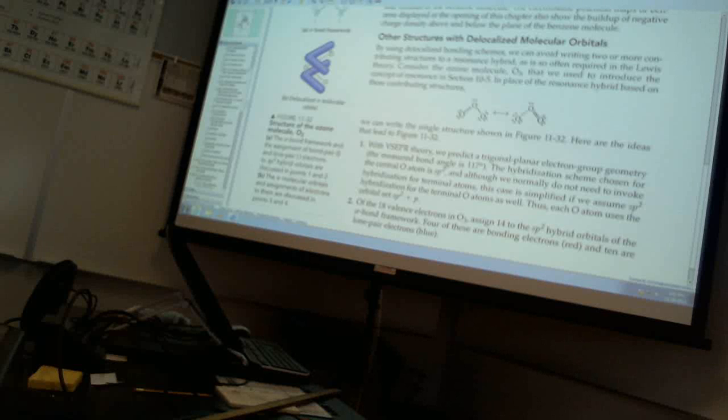Okay, this is sp2. It's oxygen, not carbon. The left oxygen is sp2. So we have an sp2 sigma bond, and then we're going to have a pp pi bond. The pp pi bond's localized here. And so we've got the p orbital.